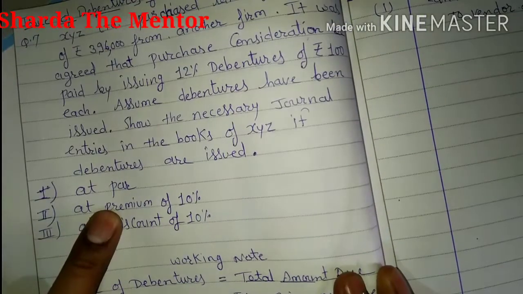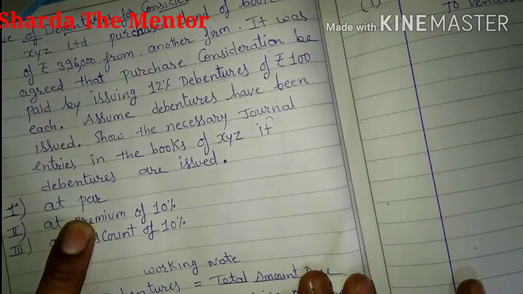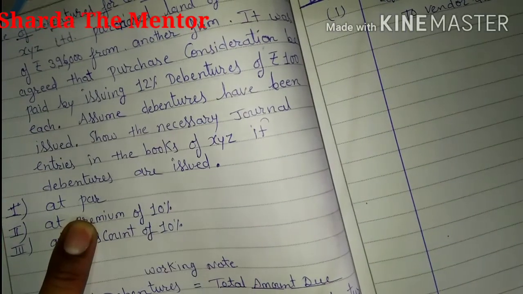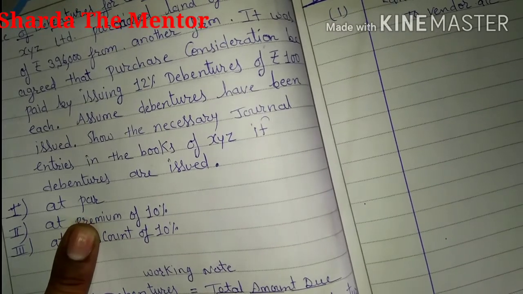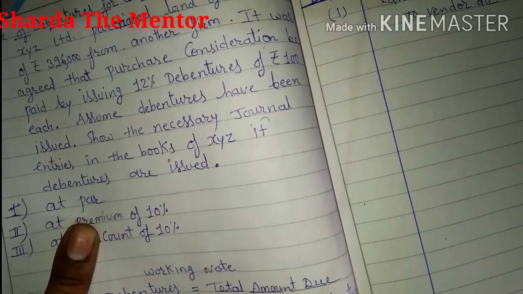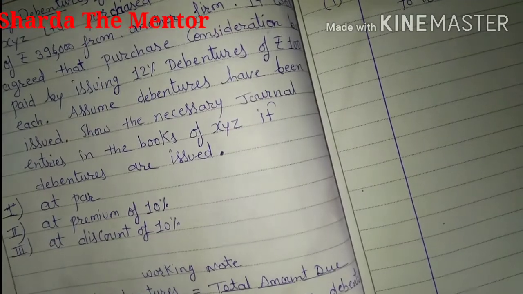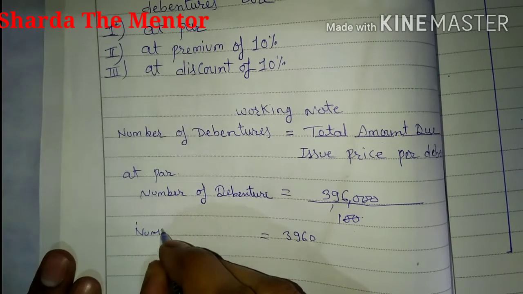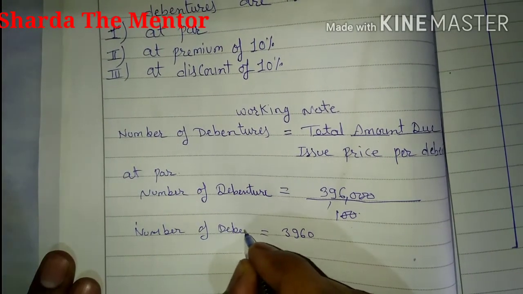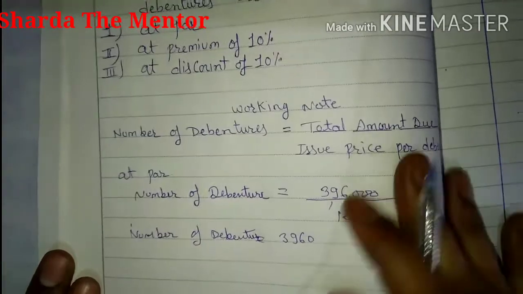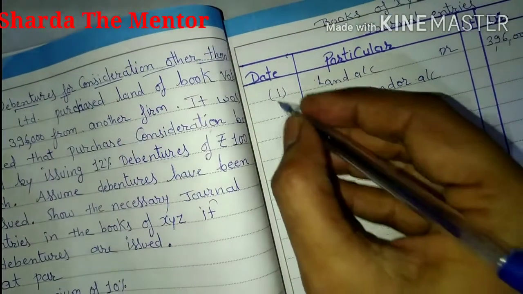The total amount due is 3,96,000. As per the first condition, the issue price is at par, so the value is 100 rupees. If we calculate, it means we have issued 3,960 debentures.